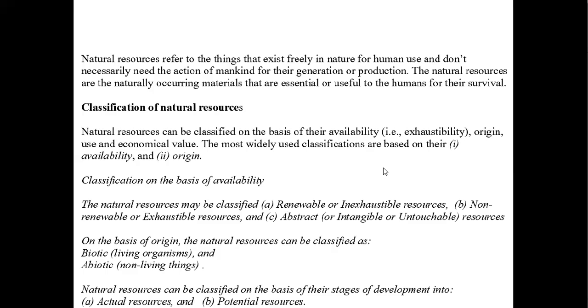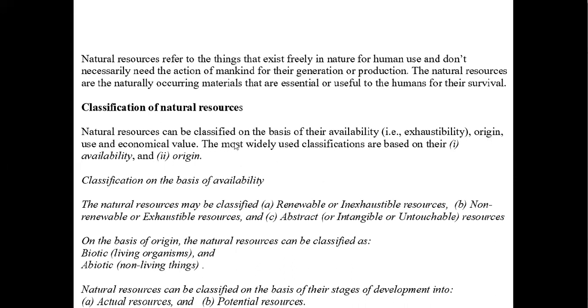Natural resources refer to the things that exist freely in nature for human use and don't necessarily need the action of mankind for their generation or production. Natural resources are naturally occurring materials that are essential or useful to humans for their survival. In simple terms, you can write: anything that has some utility is known as a resource, and the resource which we obtain from nature is known as natural resources.